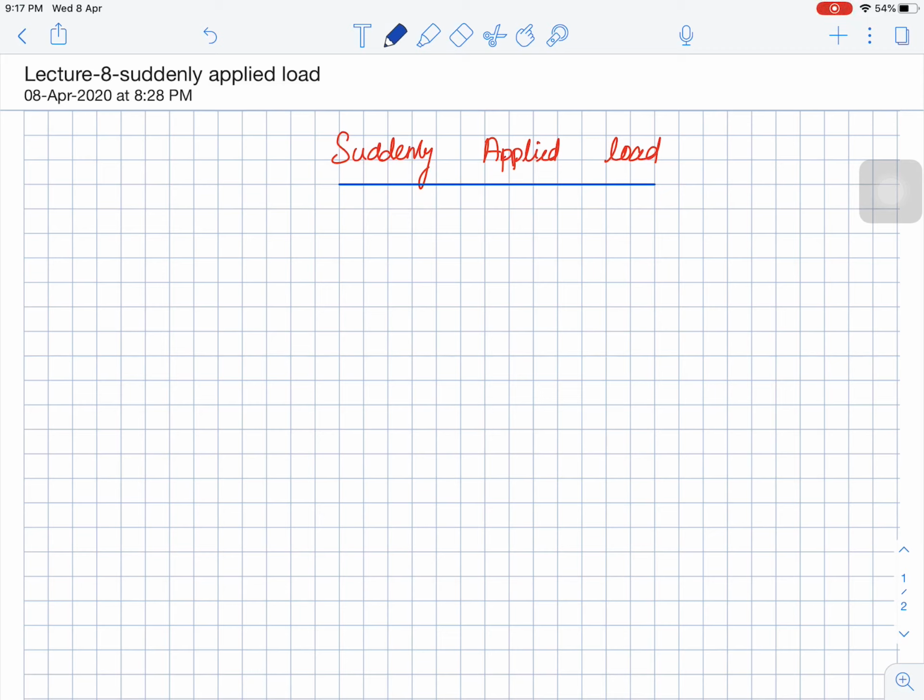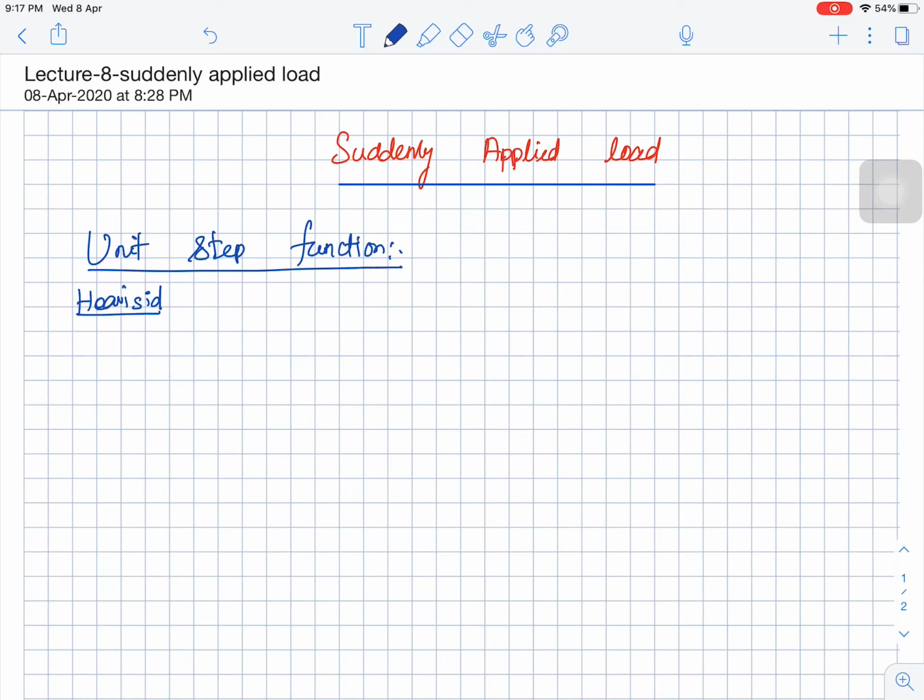So let's look at suddenly applied load. In suddenly applied load, we are going to see the unit step function, or Heaviside step function.